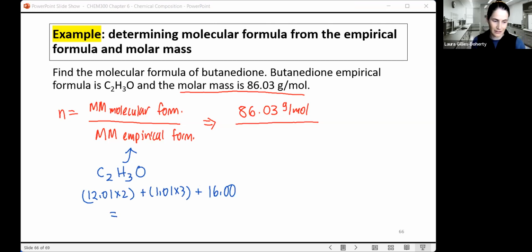So the molar mass of that empirical formula, I end up getting 43.05 grams per mole. So that goes here.